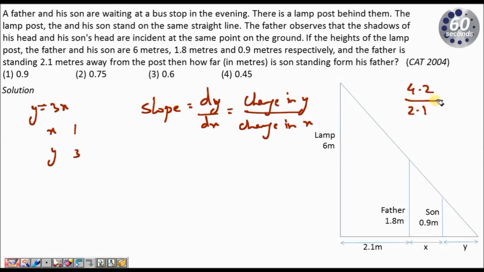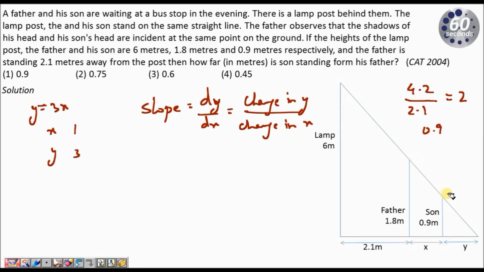And I know this is the slope. So this is nothing but 2. In the same way, from 1.8, when y changes to 0.9, the change is 1.8 minus 0.9, which is nothing but 0.9.